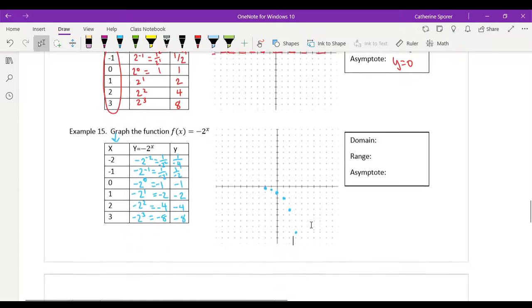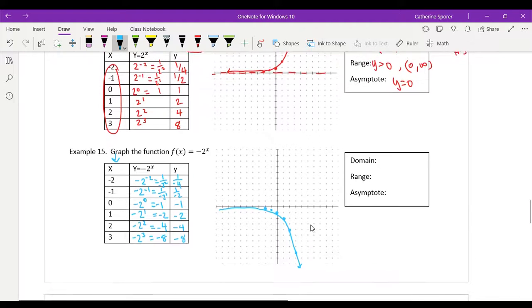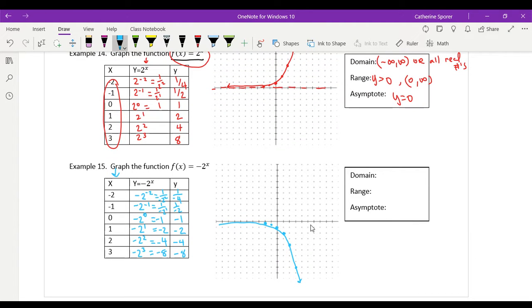So if we connect these points, we get almost the same function graph as example 14, but the graph is negative because this negative sign flipped the graph over the x-axis. So now the values never reach into the positives because all of them are made negative by that negative sign that flips the graph.